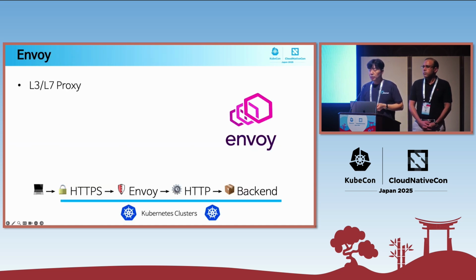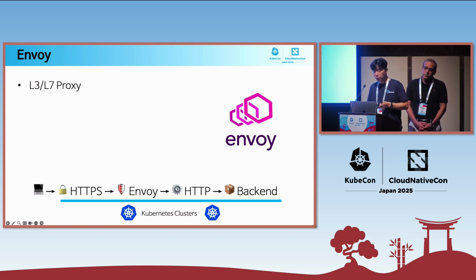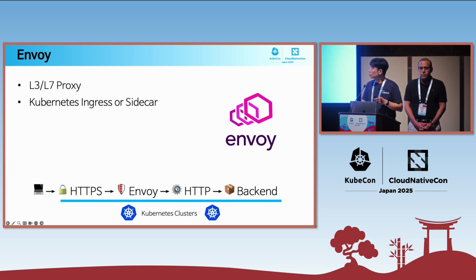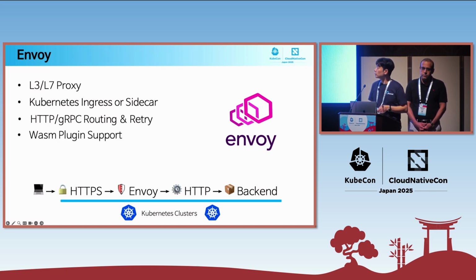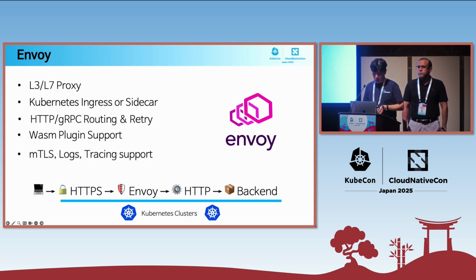Let's recap the Envoy proxy. It supports L3 level as well as L7 level proxy, and it can be used for Kubernetes ingress or as a sidecar to access your deployment. It supports HTTP and gRPC routing and retry, and as I mentioned, the Wasm plugin, which is supported by the latest version of the Envoy proxy.